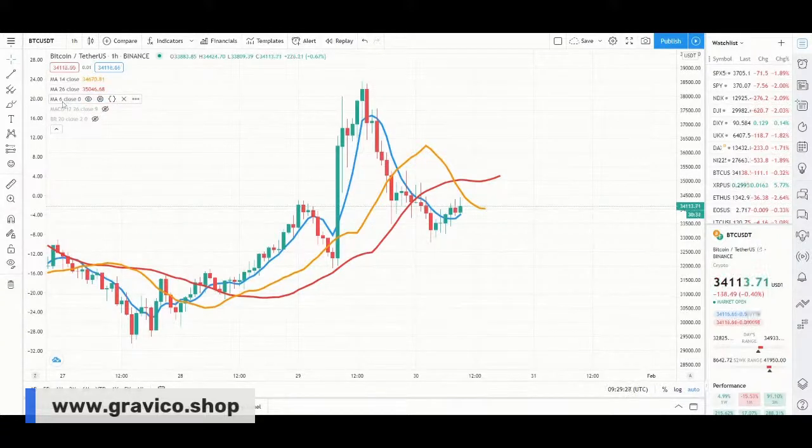I like it tight because I trade very frequently, about 10 trades a day. So I make sure that my openings are really tight. Moving average at 6, moving average at 14. I can even make it 12 to make it really close.